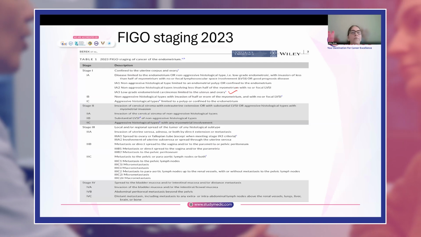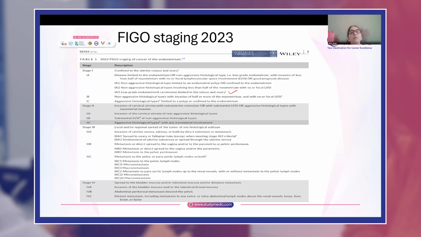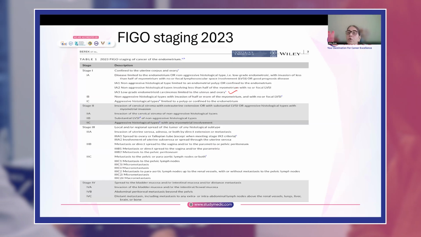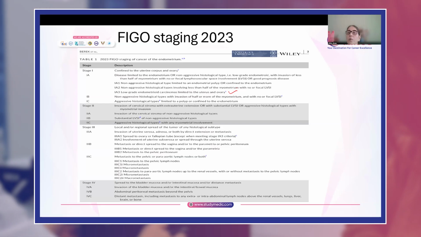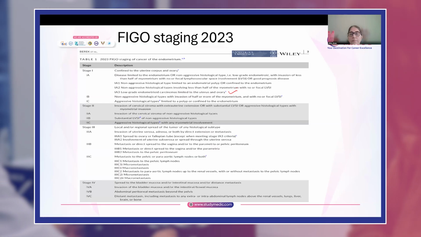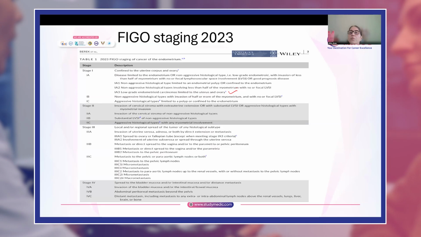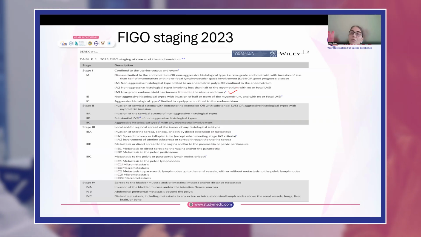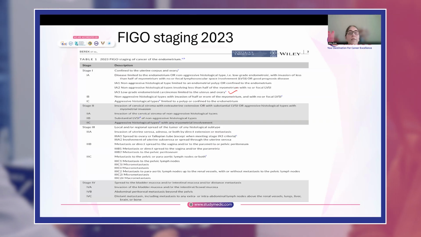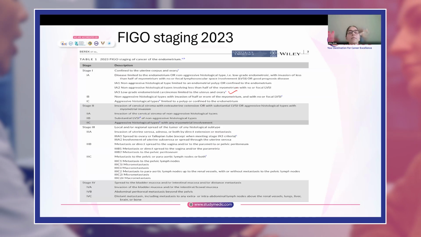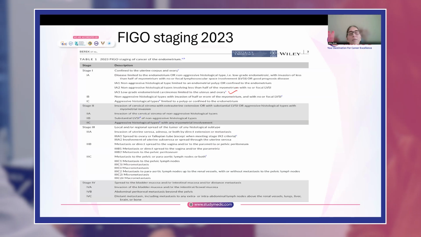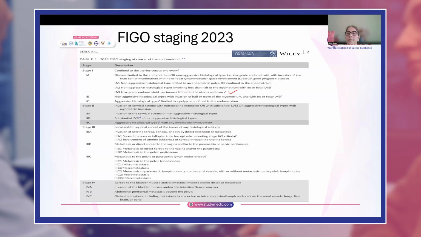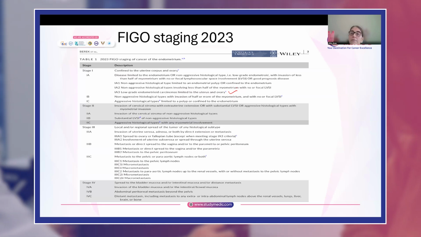It will be 1B. 1C is any aggressive histological type, so anything other than grade 1 or 2 endometrioid. Even if it is limited to the uterus or to the endometrium, but the histological type is aggressive, limited to a polyp or confined to the endometrium, it will be 1C. So whenever, like I said, histology is aggressive, the tumor gets upgraded.